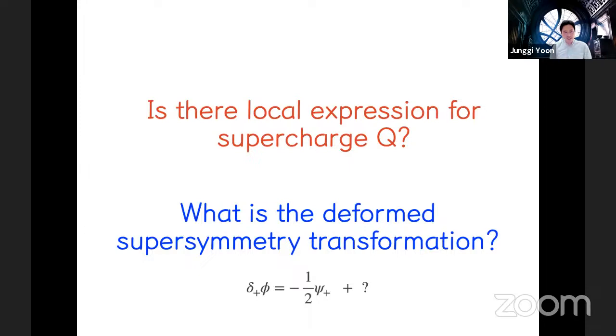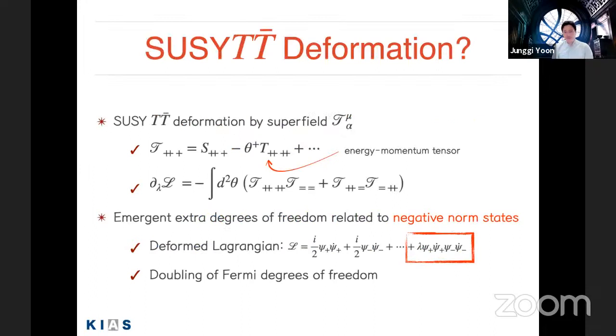Although supersymmetry is preserved, it is still not clear whether the deformed supercharge has a local expression. In addition, the supersymmetry transformation is also deformed, and it is very difficult to show the supersymmetry of the deformed theory explicitly. You may wonder whether a supersymmetric generalization of the TT-bar deformation is possible.